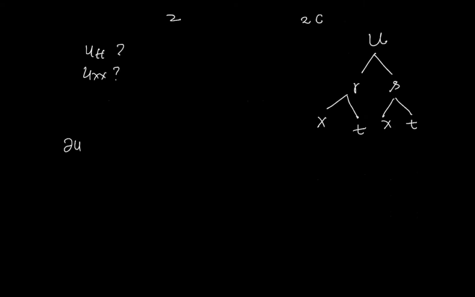So I will start with u t, the partial derivative of u with respect to t. Now you know that in calculus 3, the chain rule: to calculate the derivative u t, u first goes from r and r to t. That's the first chain. Or you can go from u to s and s to t. That is the second chain.